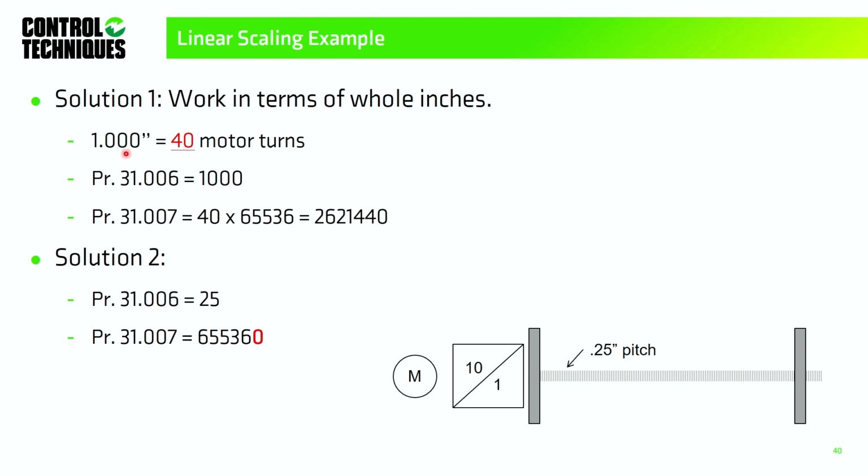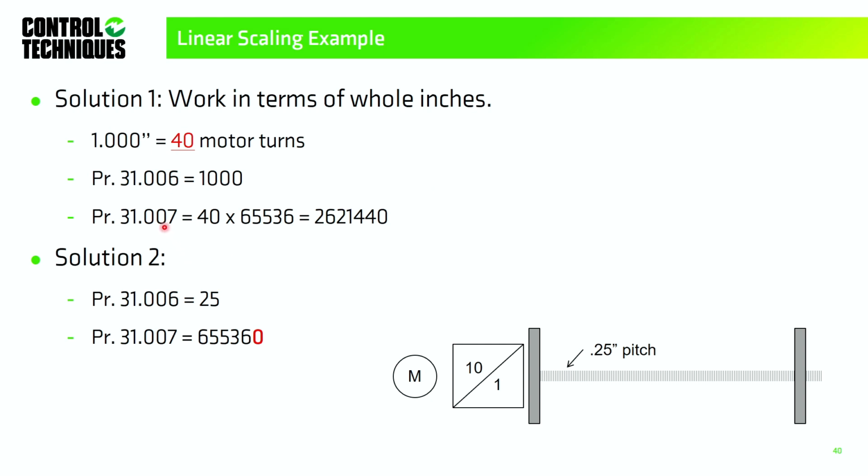So if I wanted to work in terms of whole inches, I would say 1 inch is 40 motor turns, given this relationship here. So in Connect, I would set 3106 to 1000, again providing me with 3 decimal places of resolution.